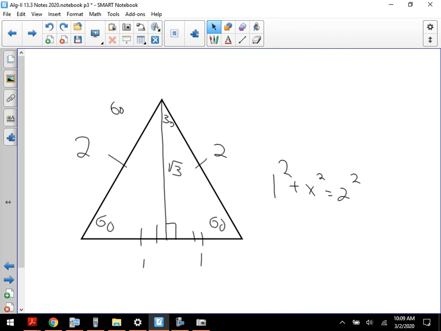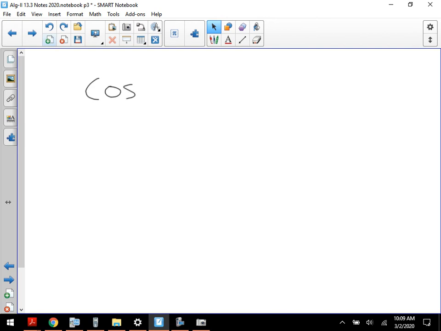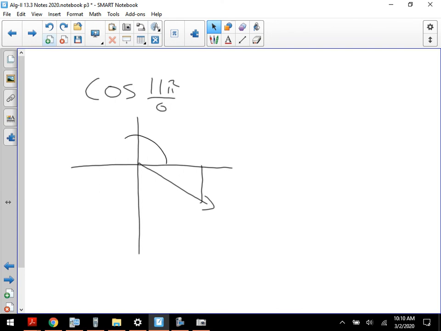So whenever you go plotting something like cosine, we go, 11 pi over 6. I do 11 pi over 6. 11 pi over 6 is almost 2 pi, right? So I'm all the way over here, coming around.